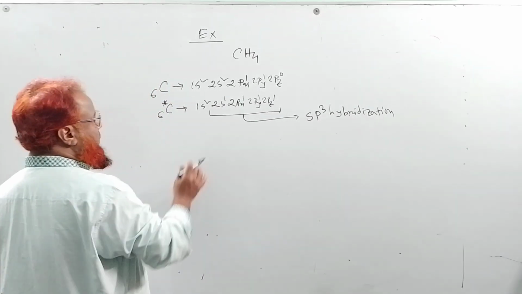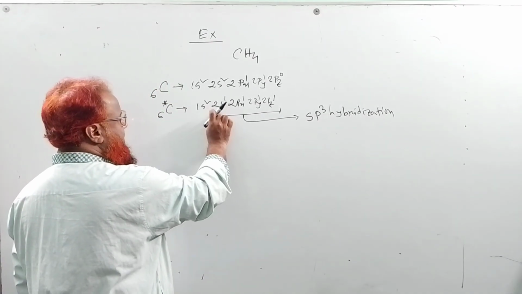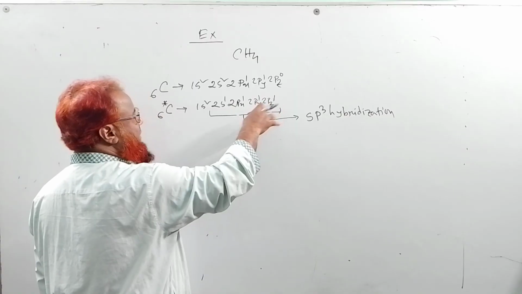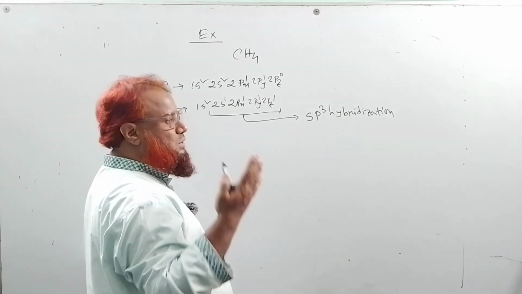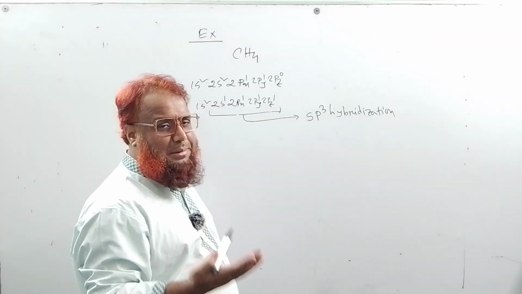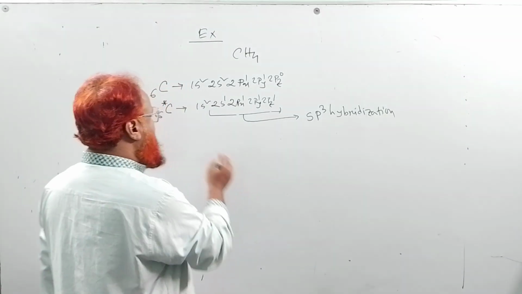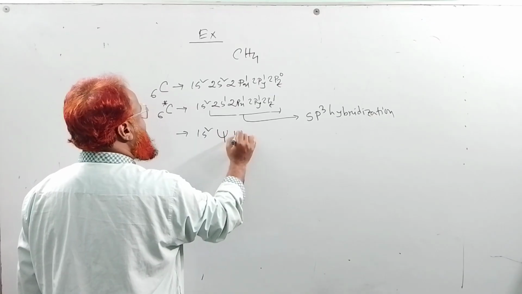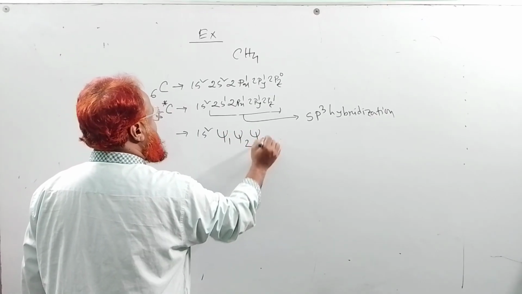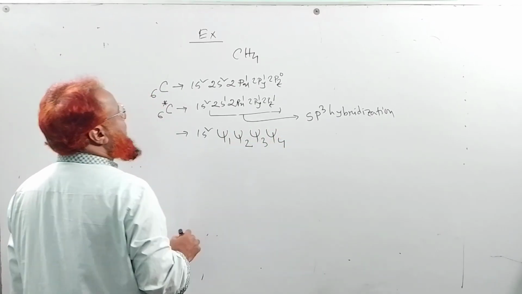So, here 1 s and 3 p orbitals will be intermixed together, and the total number of hybrid orbitals will be 4: psi 1, psi 2, psi 3 and psi 4.